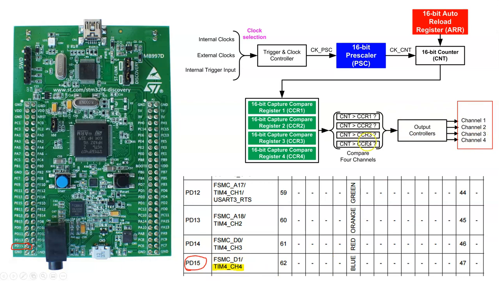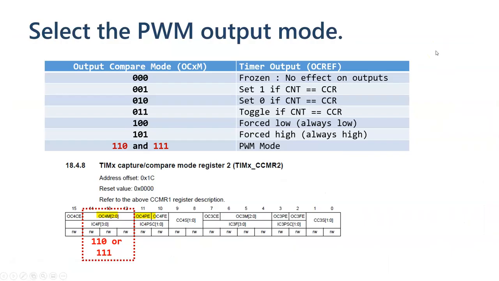Timer 4 channel 4, that means we need to write to capture compare register 4, and that can be compared with the current count. It says by writing a 110 or 111 on the output compare mode bits of the timer capture compare mode register, if we write a 110 or 111 here, we are enabling the PWM mode.